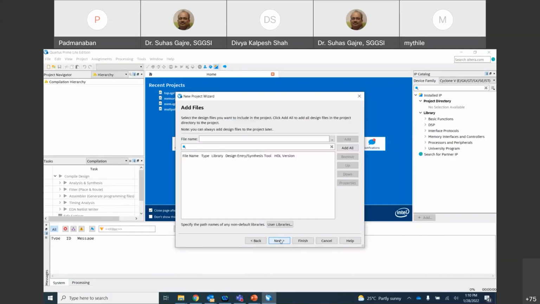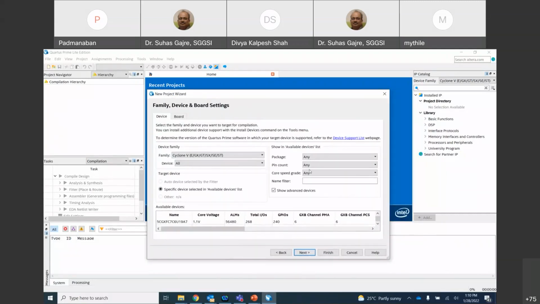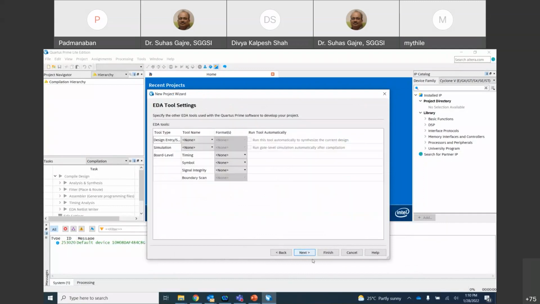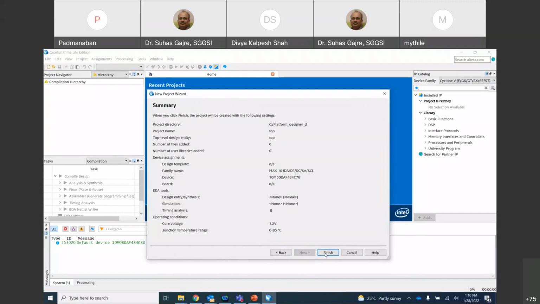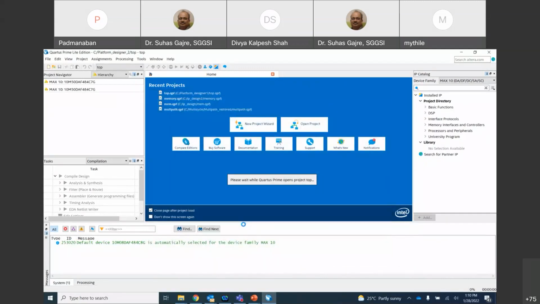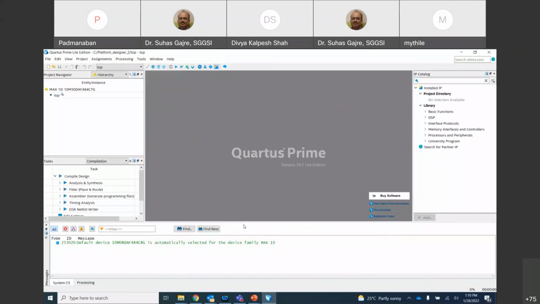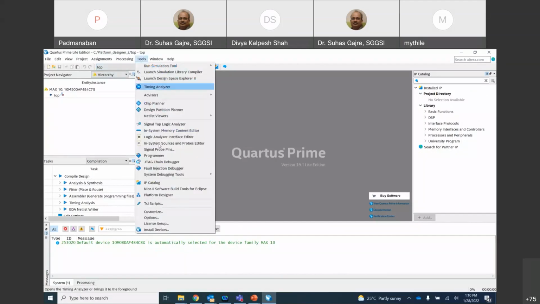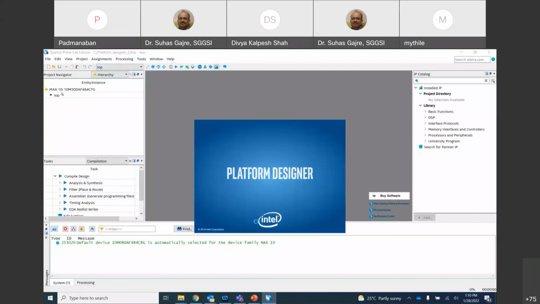Create an empty project. Okay. Now what you can do is open the platform designer. So click the tool here. You can go to the platform designer.